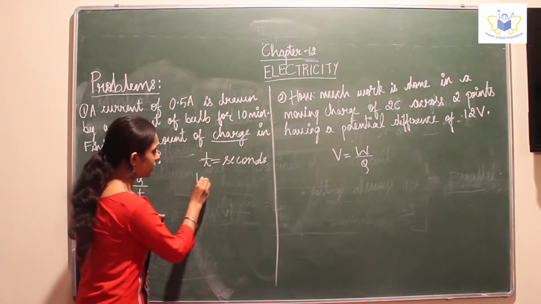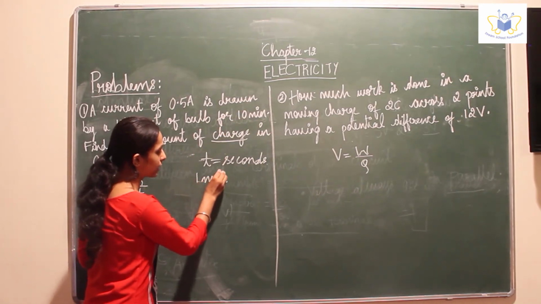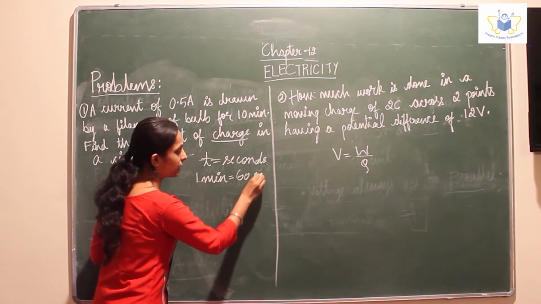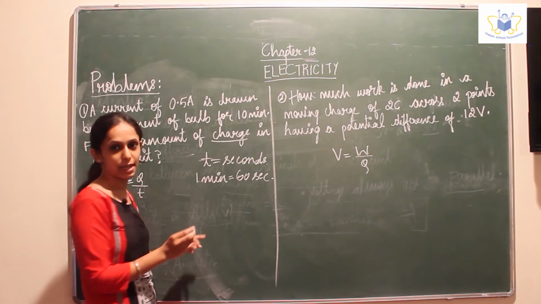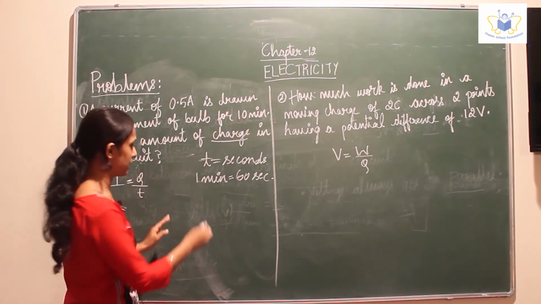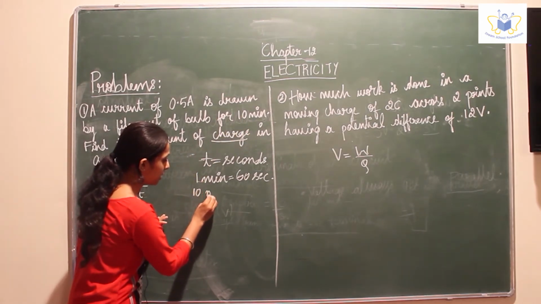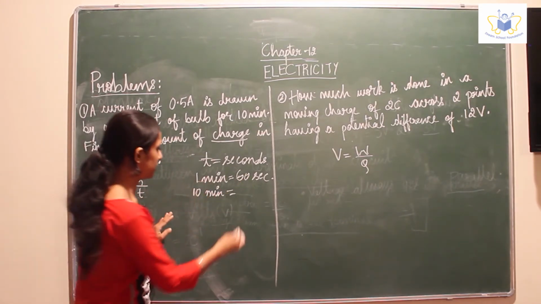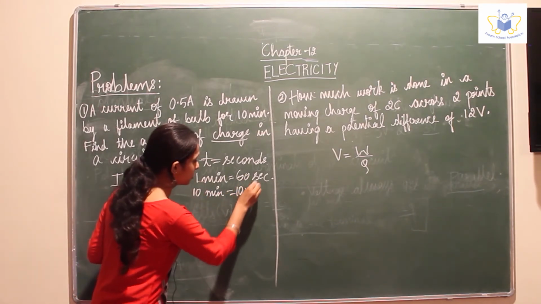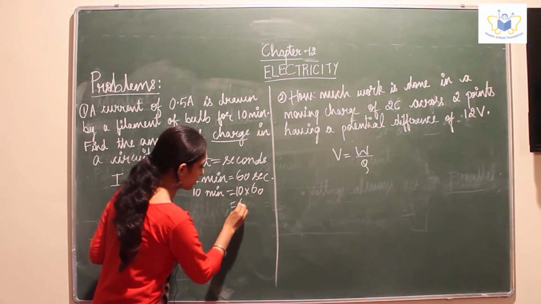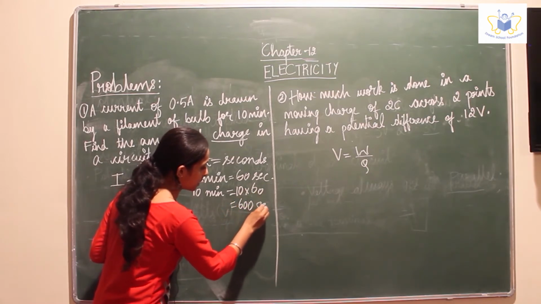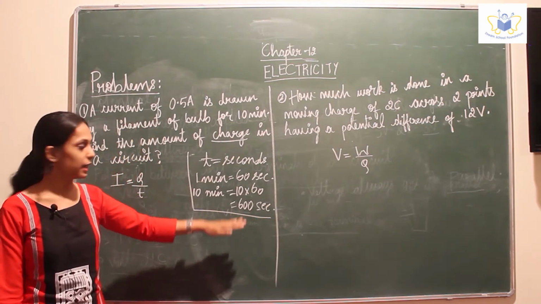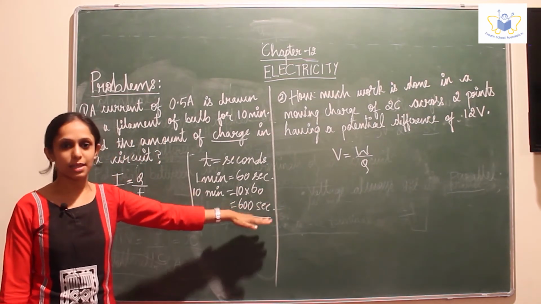Simple. 1 minute is equal to 60 seconds. But we have 10 minutes here. So 10 minutes is equal to how many seconds? 10 into 60, which is 600 seconds. So I got my time in terms of seconds.